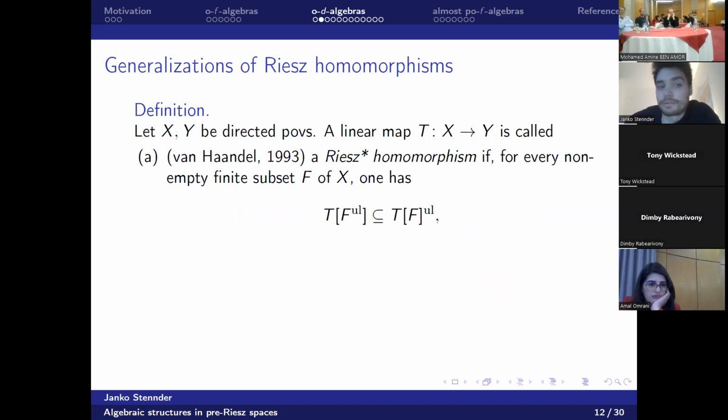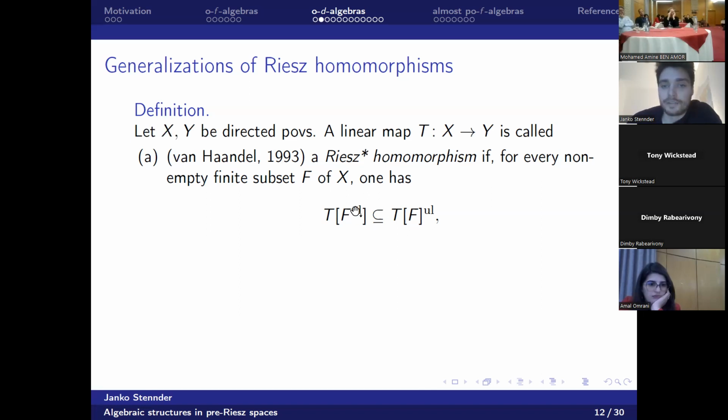So if I have two directed partially ordered vector spaces X and Y and some linear map from X to Y, then Van Handel introduced the notion of a Riesz-star homomorphism, which just satisfies this inclusion for every non-empty finite subset F of X, and the U and the L in the exponent again denote the upper bounds of some set, and the lower bounds of some set.